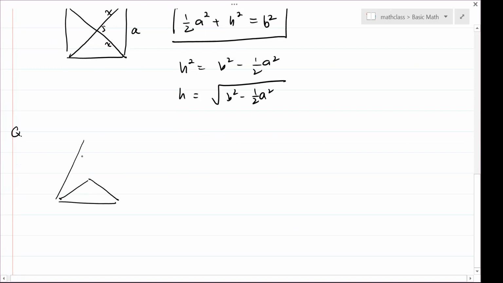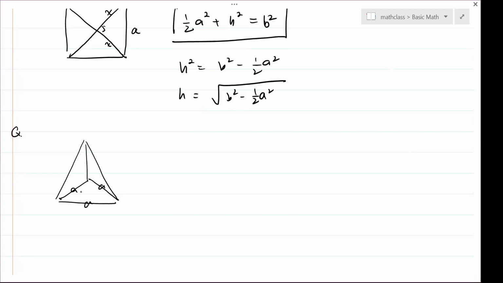This is an equilateral triangle, so you can mark the sides A, A and A. The area of one face of the right pyramid with the triangular base is 75 square meters. If the height is 30 meters, what is going to be the length of the side of the base?